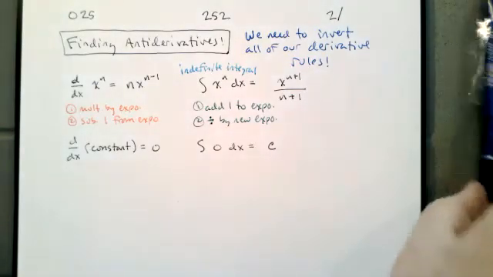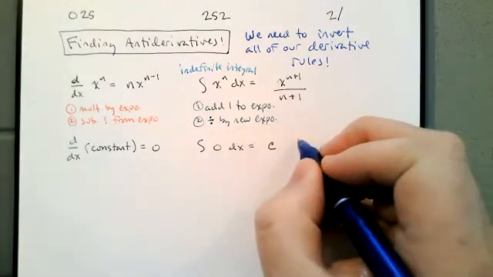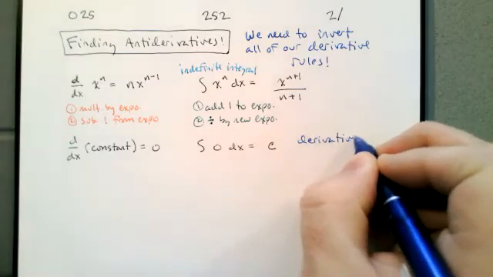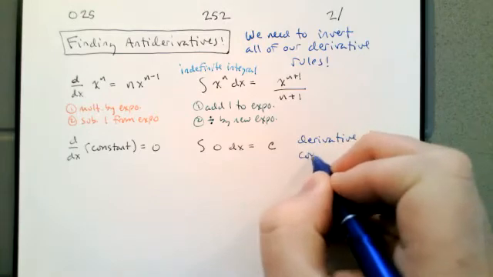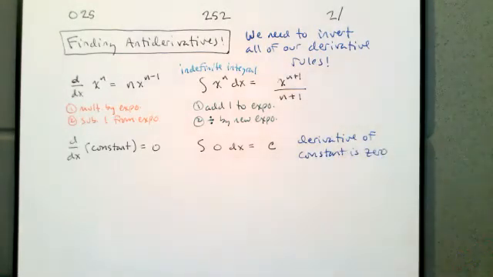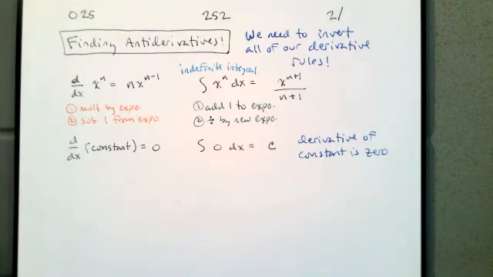Because the derivative of a constant is 0, that means we've lost information in the derivative process. This is one way to think about it.